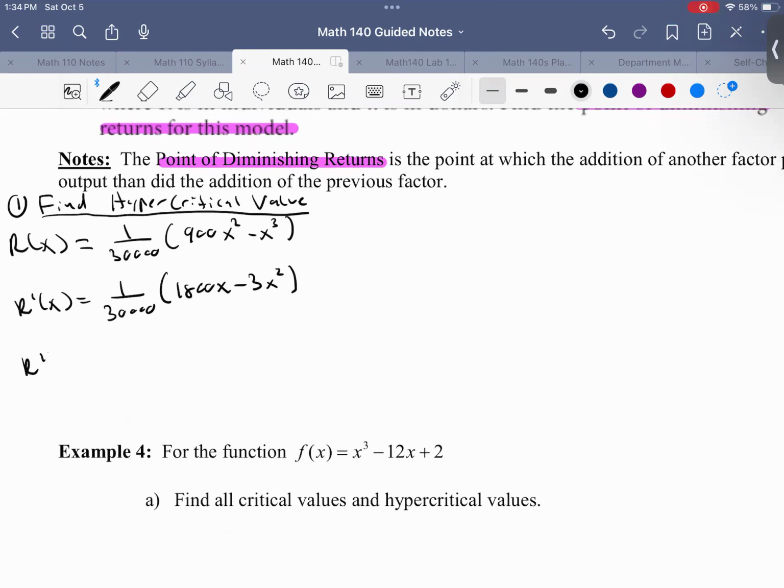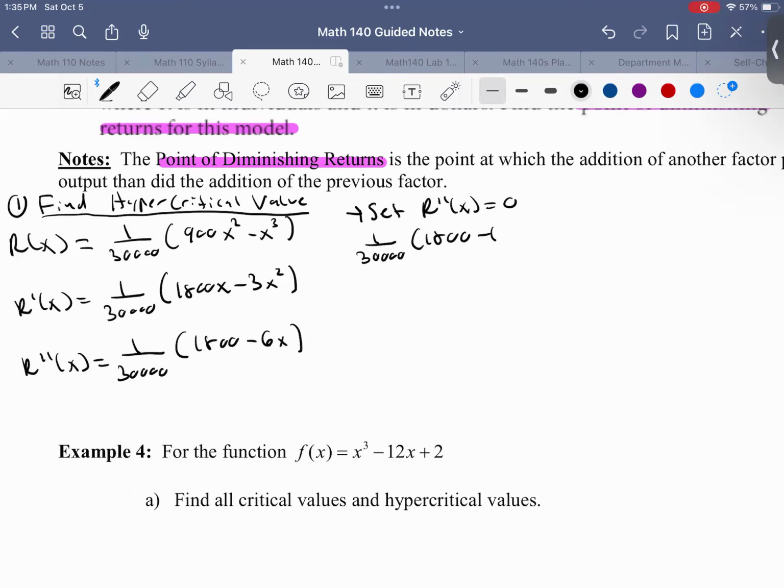Now my second derivative, right? Same thing, the 1 over 30,000 can just come along, and I'm going to end up with 1800 minus 6x. Okay, so what I need to do is set this equal to 0 to get my hypercritical value. So set second derivative equal to 0. So 1 over 30,000 times 1800 minus 6x equals 0.